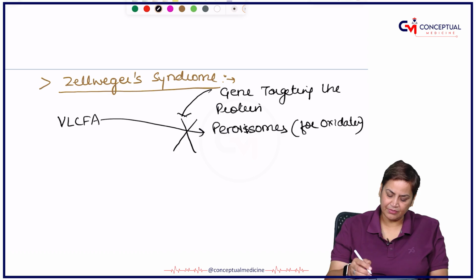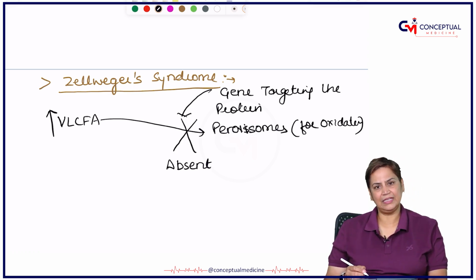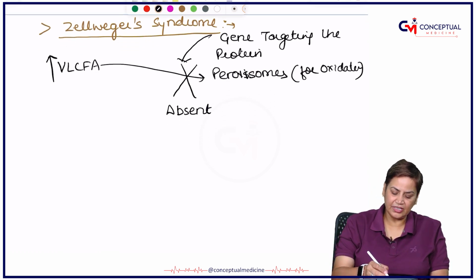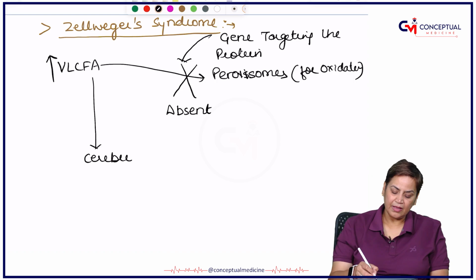If it is absent, there will be increased concentration of VLCADs. If the concentration of VLCADs increases, it is increased in the brain, in the liver, and in the kidneys.